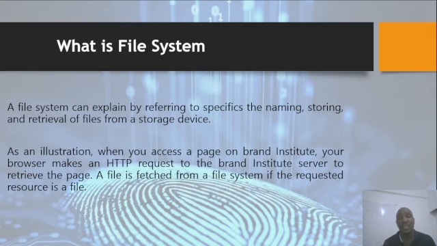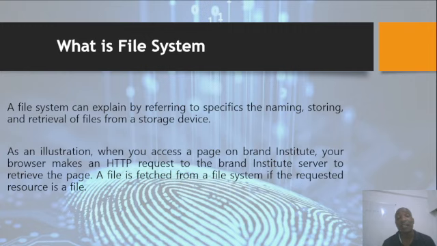So I want us to look at first what a file system is. Sometimes it is a bit tricky to explain exactly what a file system is, because different people define it in different ways.